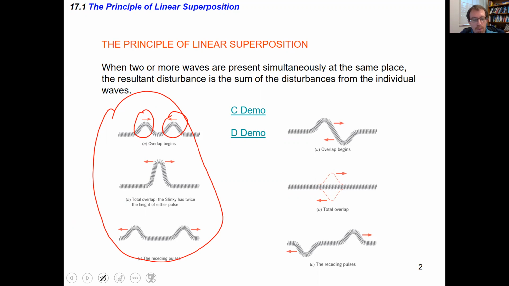And then after that moment in time, they are going to continue along their merry ways. So we can see that this wave pulse right here has traveled to the left and now is continuing to travel to the left. And the same thing for this one right here: this wave was traveling to the right and now is continuing to travel to the right. They pass through each other.